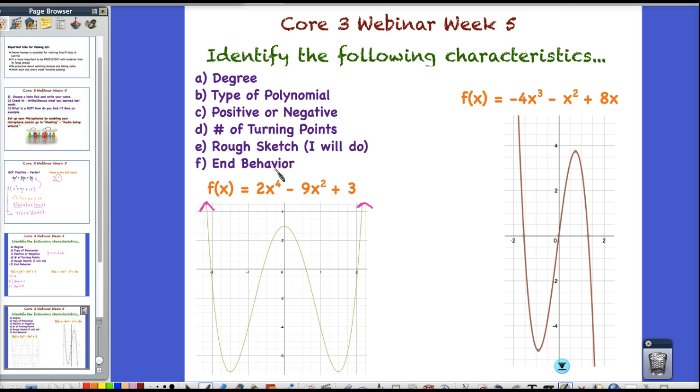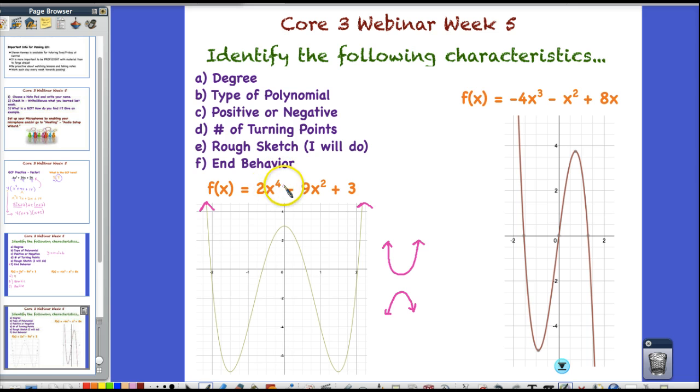It's 4, just like a quadratic, right? And a quadratic looks like a U. Both ends are going in the same direction, right? It's either positive and goes up, or it's negative and opens down. So those are your quadratic options. Well, this looks just like a quadratic, except you've got this little extra turning point here in the middle.